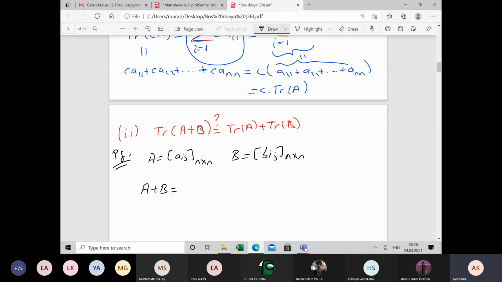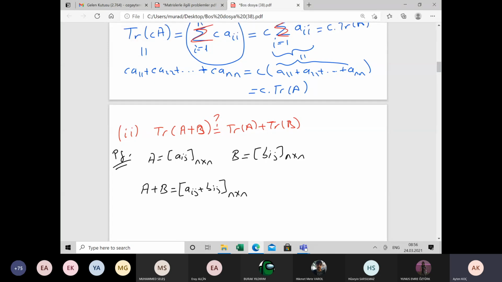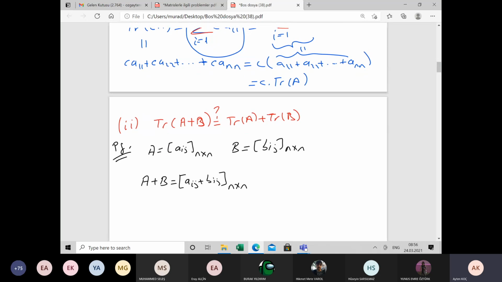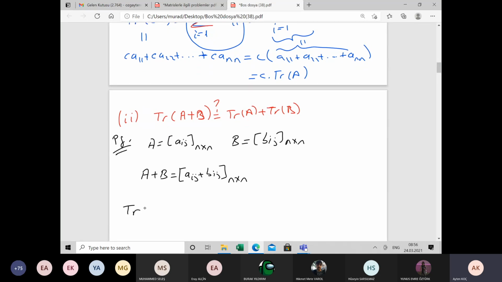So what can you say about the entries? The corresponding entry is the sum of the corresponding entries, meaning Aij plus Bij. So what is the trace of A plus B?